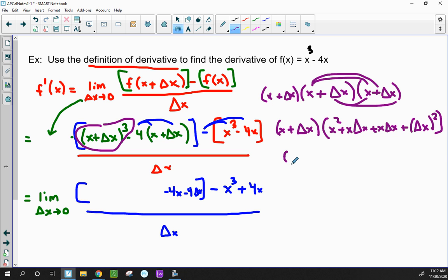Alright, let me show you another step here, and then I'm going to just kind of share the shortcut. So what we would do in algebra is we would combine like terms here, we drop our x squared down, and x delta x plus another x delta x, you're adding like terms. There are two of them. There's two x delta x's.